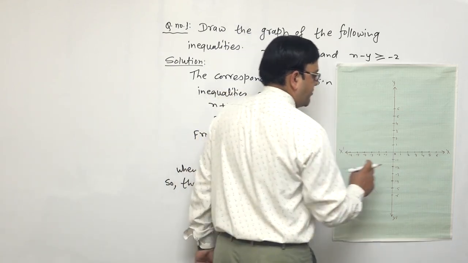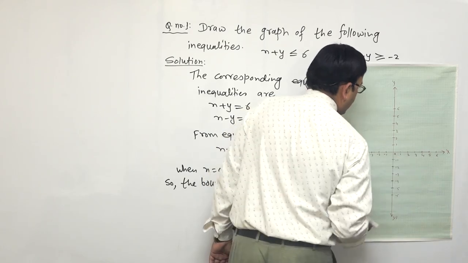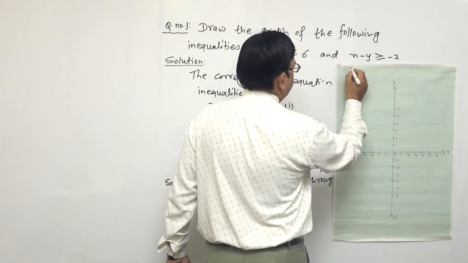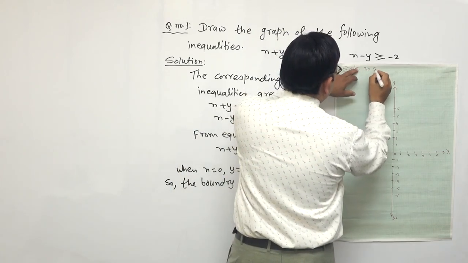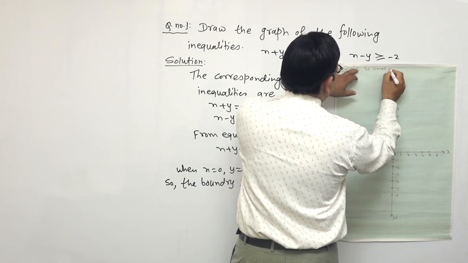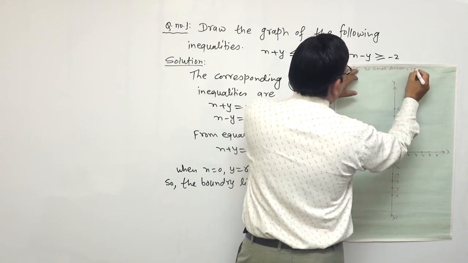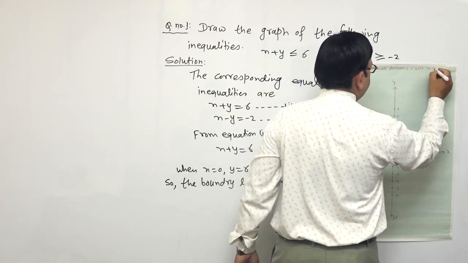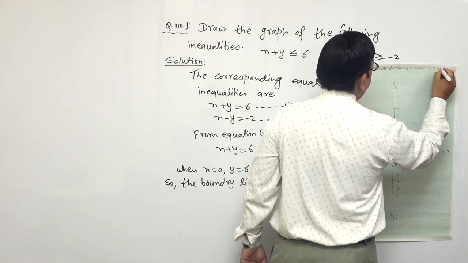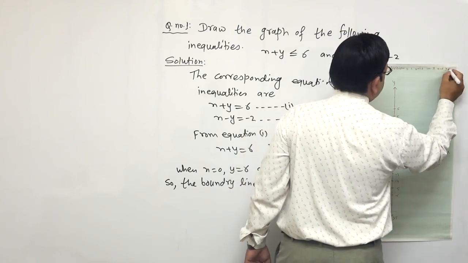Here we have to write the scale. 30 small division is equal to 1 unit in x and y axis or both axes.